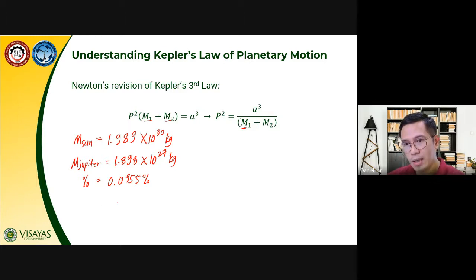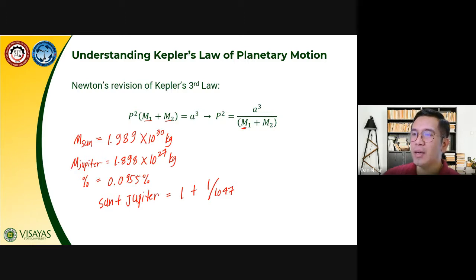So the masses of those two, if we add them, is just equal to 1 plus 1 over 1047. So gamay ra kaayo ang contribution sa mass sa Jupiter to the sun, or this is the maximum, no, kay ang Jupiter man ang pinakabug-at nga planet revolving around the sun.